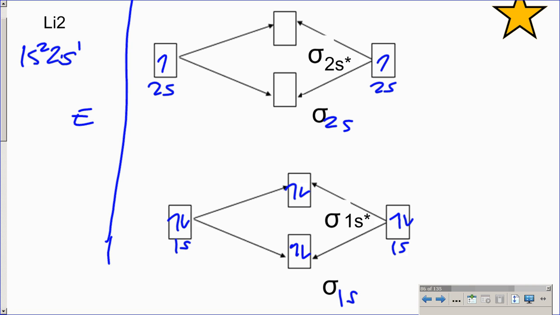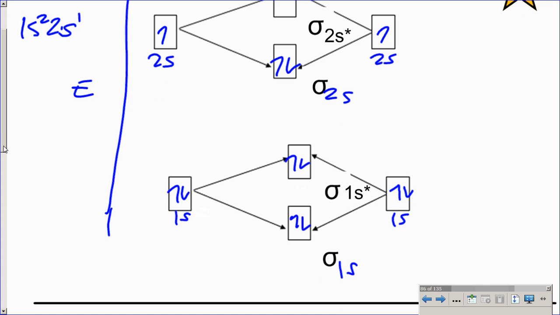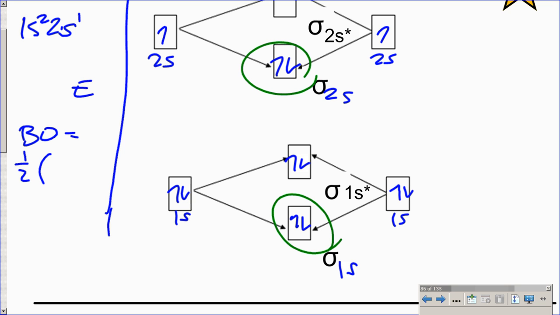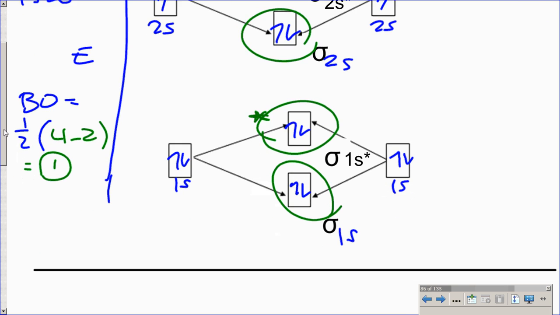But these first two 2s electrons are going to fill the sigma 2s and not the sigma 2s star, the antibonding. So how do you want to do bond order? Right, this one and this one are the bonding orbitals, so there's 4 minus the 2 that are in the antibonding. So 4 minus 2 is 2, divided by 2 is 1. So technically diatomic lithium can exist. We just don't deal with diatomic metals too much, but it can exist.